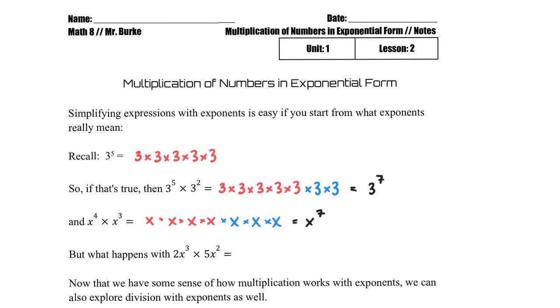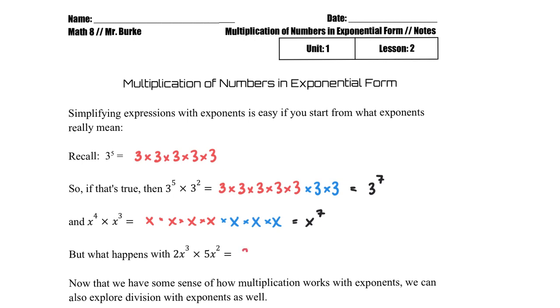Okay, but this is a little bit different because the bases aren't exactly the same, or are they? All right, let's take a look. If I expand out this right here, 2x to the 3rd, I want you to notice that in the last lesson we talked about the importance of parentheses.